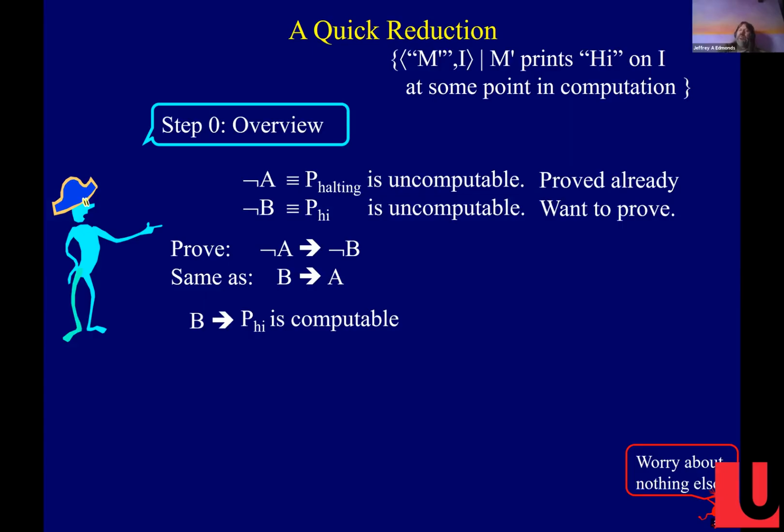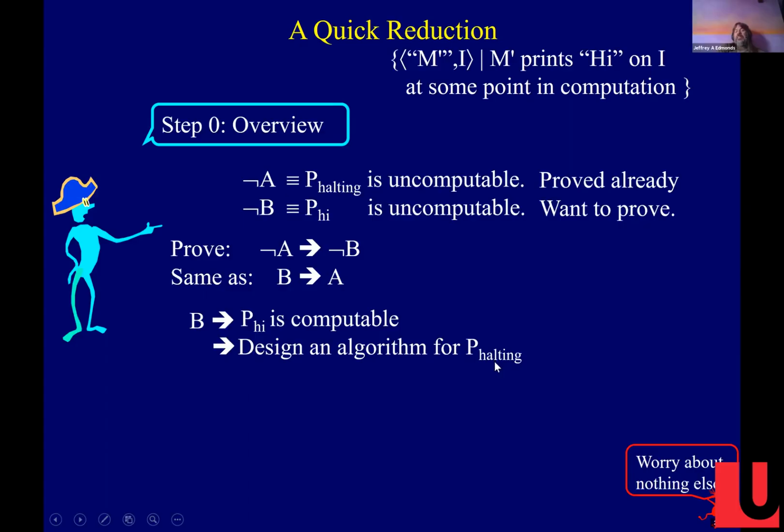It's kind of like we're proving it by contradiction. We want to prove that P high is not computable. So by way of contradiction, let's assume it is computable. Well, if it's computable, then we have an algorithm for it, and we can use that algorithm. We're going to call it an oracle because it's something that we're assuming exists, that's powerful. And we're going to use that to design an algorithm for the halting problem.